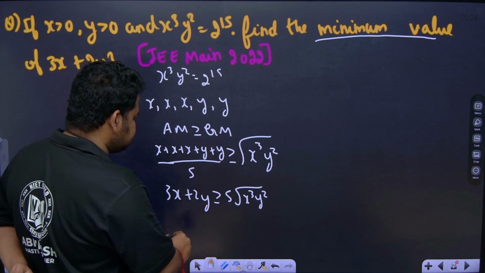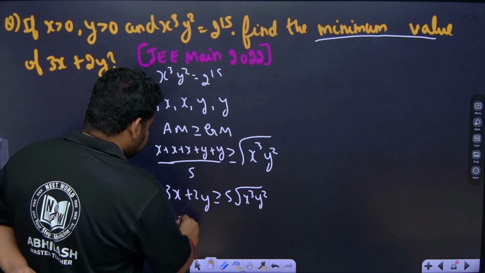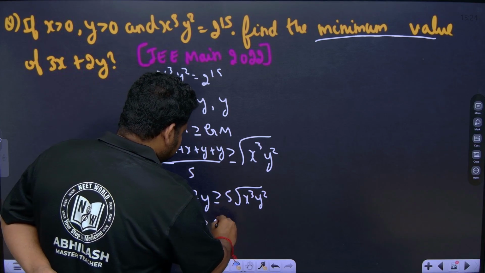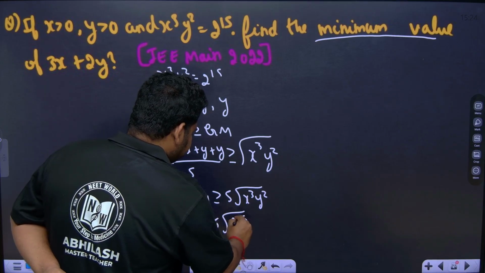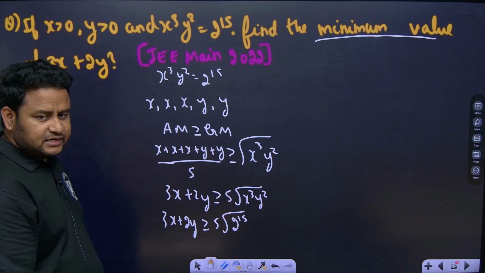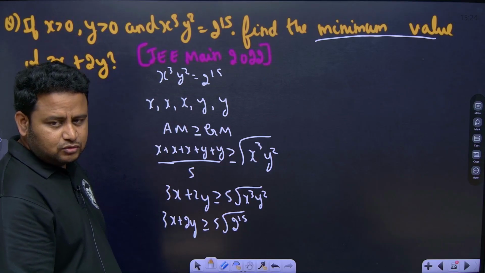So you can write this as 3x plus 2y is greater than or equal to 5 into the square root of 2 power 15. This 2 power 15 can be written as 2 power 14 into 2.